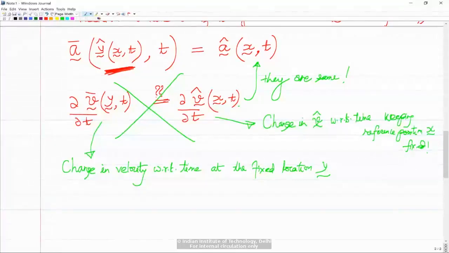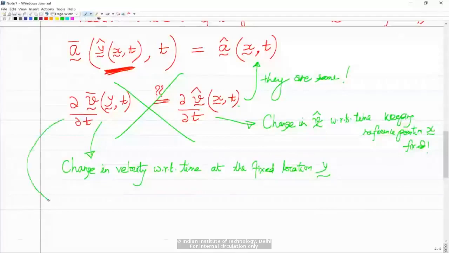And then you take their difference and divide by delta t to get this time derivative. But that's not the acceleration, because acceleration is always of a given particle. You have to take the rate of change of velocity of a given particle. But here you are taking the difference of two different particles.